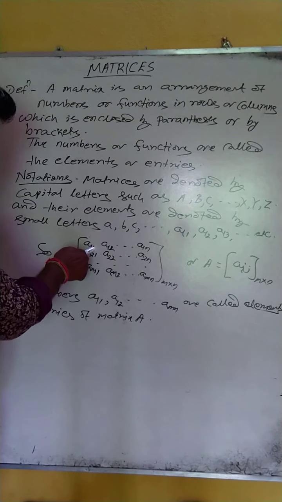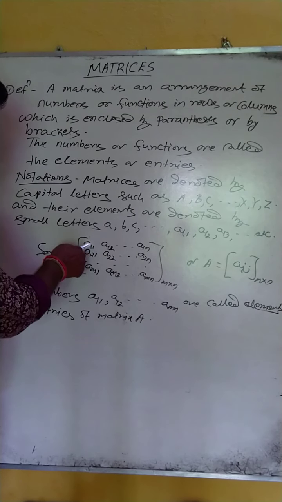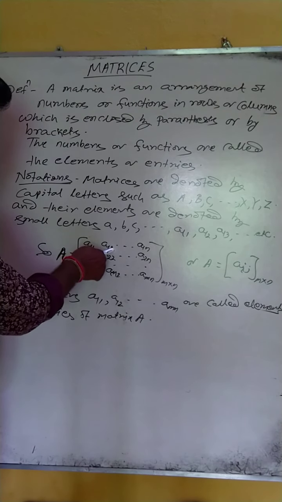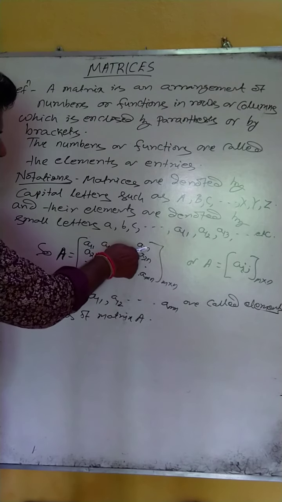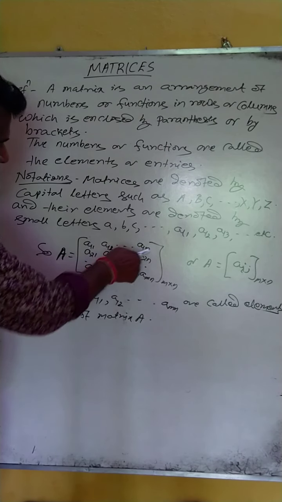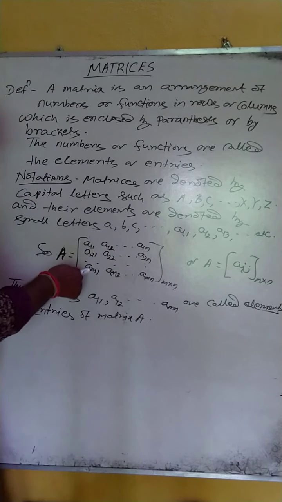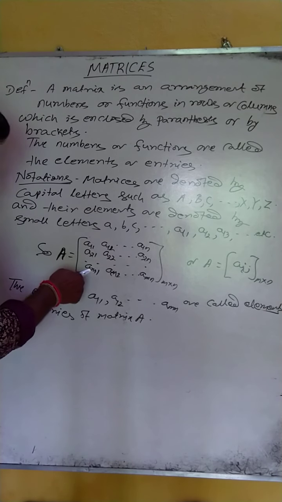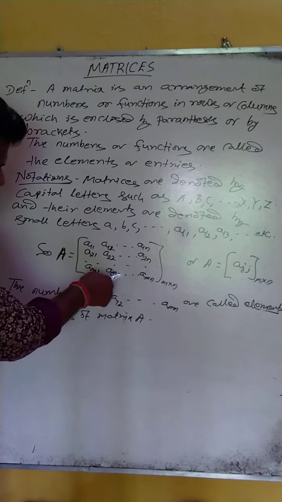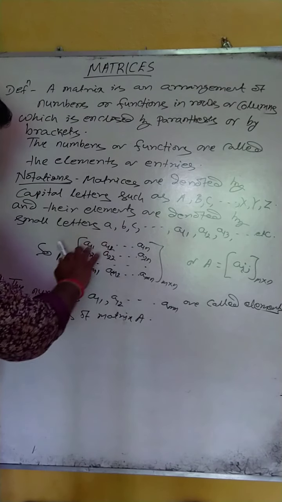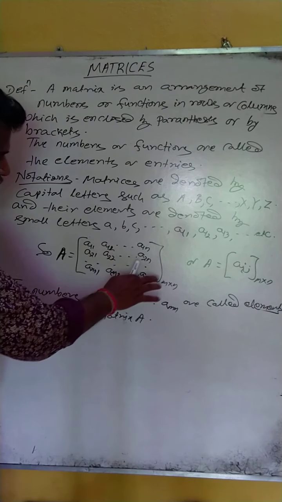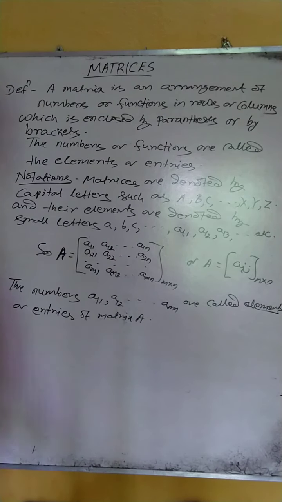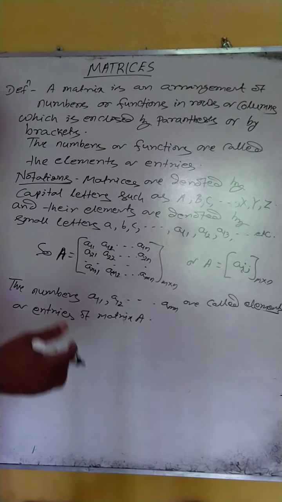That means the first row, first column element is denoted by a11, first row, second column a12, first row, nth column a1n. Then if we write am1, am2, up to amn, this matrix A has m rows and n columns. That is called the order of the matrix.